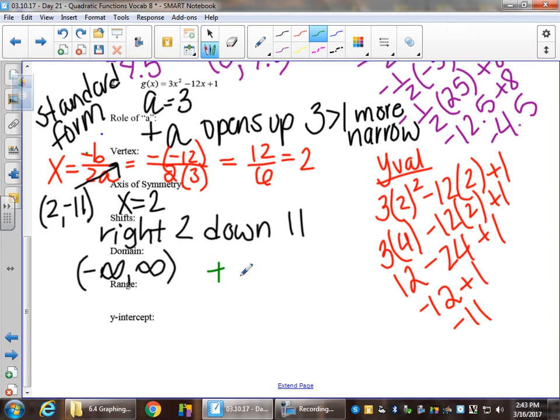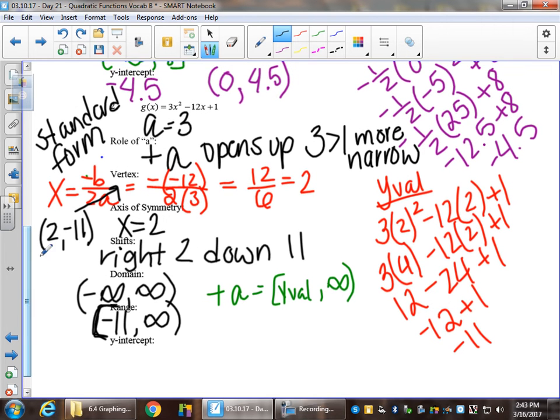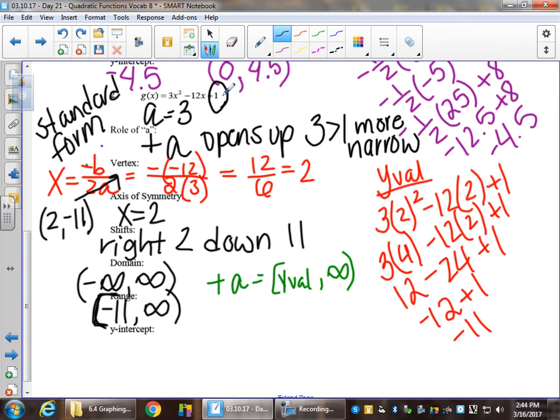Whenever we have a positive a, our range is going to be y value, infinity. My y value of the vertex is negative 11. Therefore, my range is going to be negative 11, infinity. Y-intercept, when you read the definition of finding y-intercept, when you're given standard form, it's always your c value. My c value is 1.